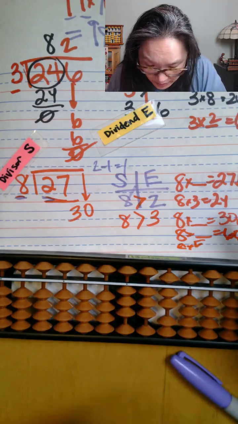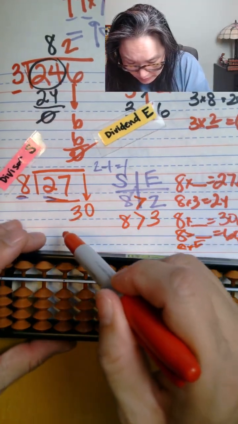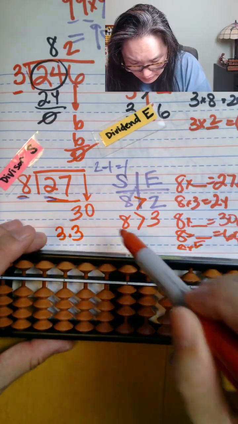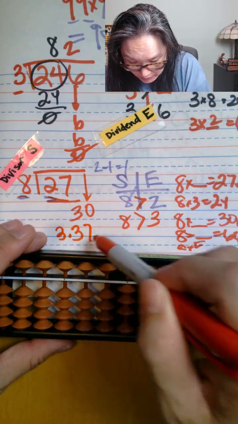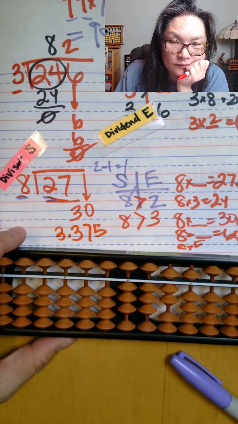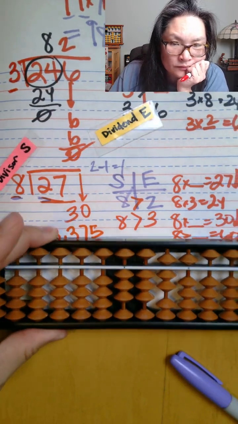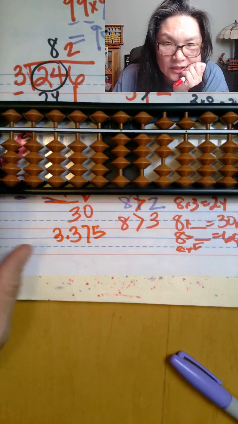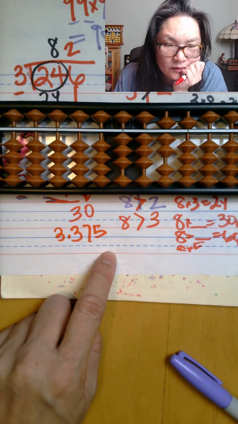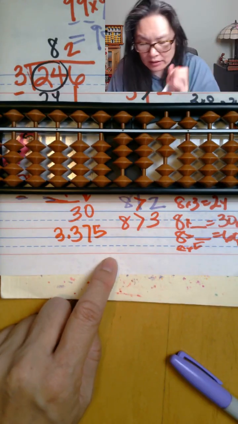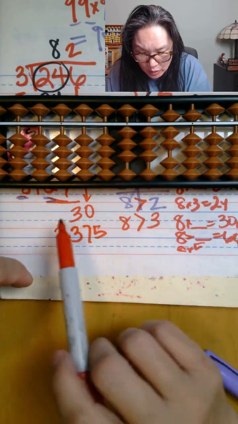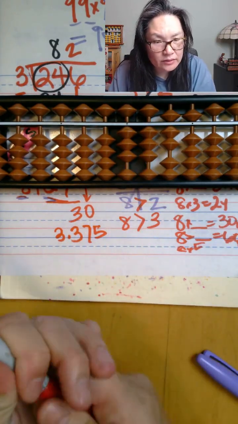So my answer is 3.375. Yeah, that's what the answer is. We could stop and have a remainder, or we can keep going until it divides out.